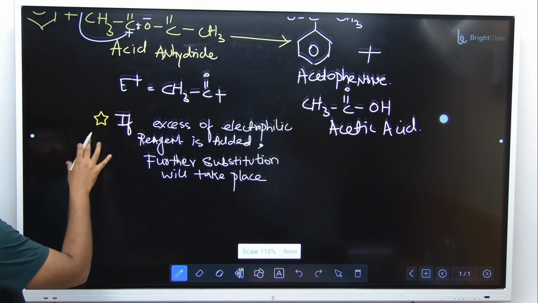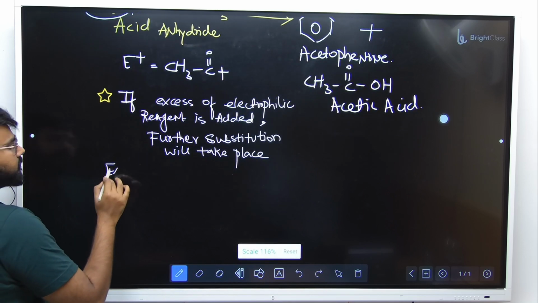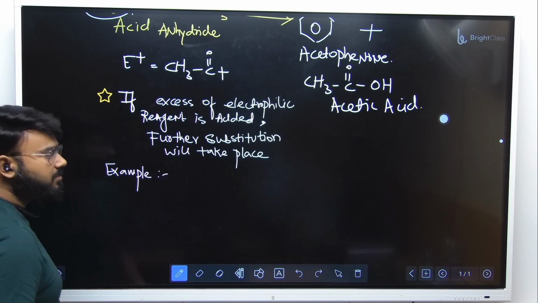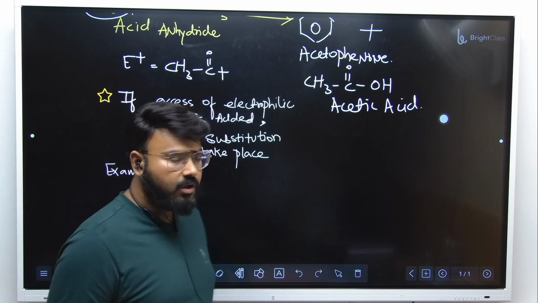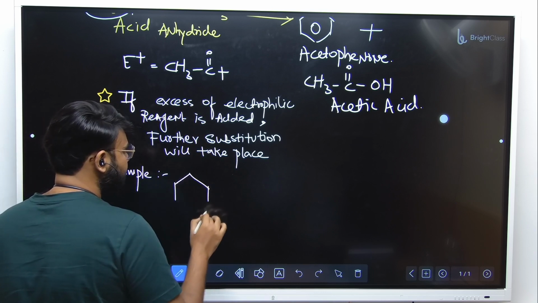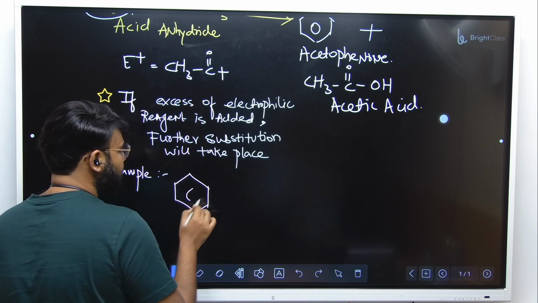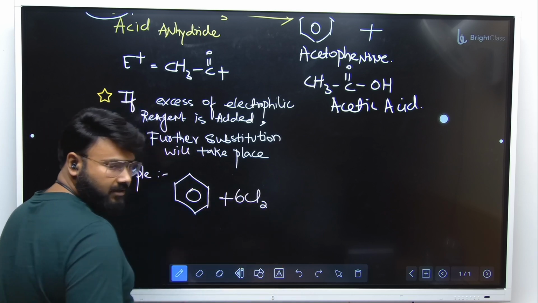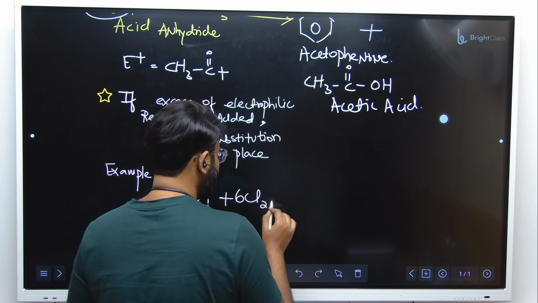So let's see the example here. You need to remember this example also. So we'll take a benzene ring and we add 6Cl2. Can you all see this?